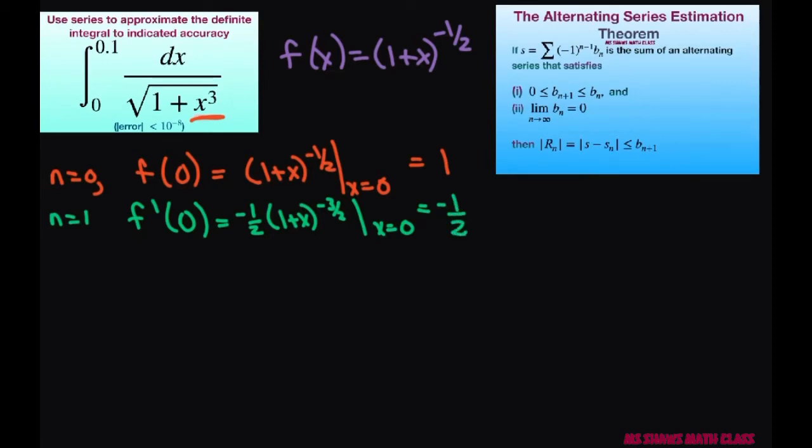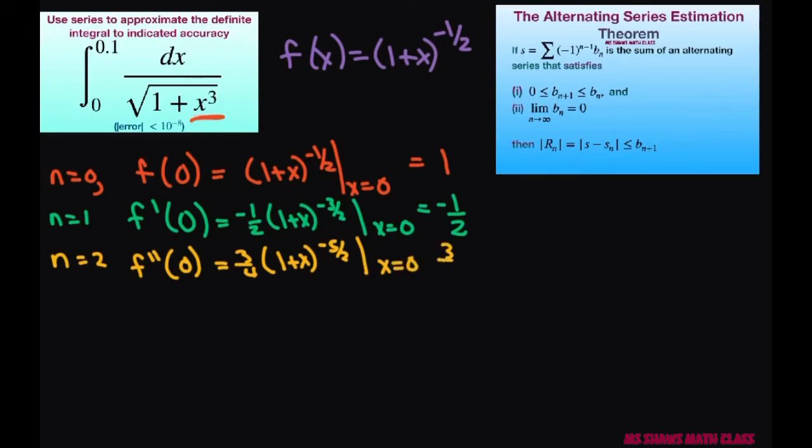Let's crank out some more. Let's try n equals 2. That's going to be the second derivative at 0, which equals 3/4 times (1 plus x) to the power of negative 5/2. Evaluated at x equals 0, that's going to give me 3/4. And try one more.